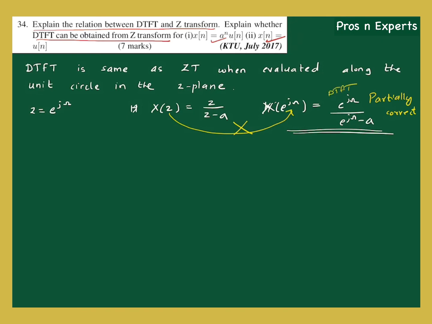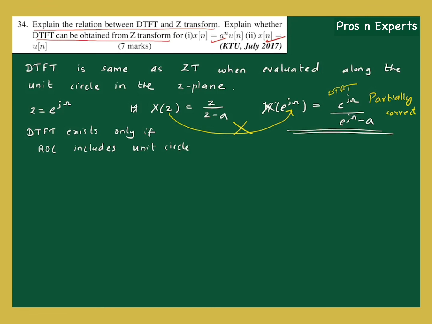That is wrong. Why? Because the DTFT exists, you have to listen very carefully, the DTFT exists only if, for the corresponding Z transform, the ROC includes the unit circle.